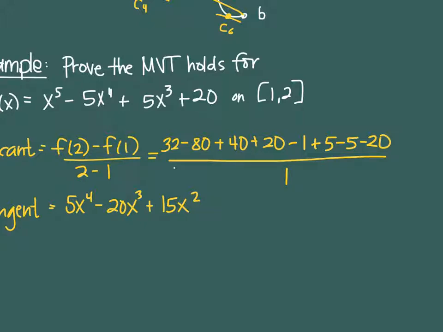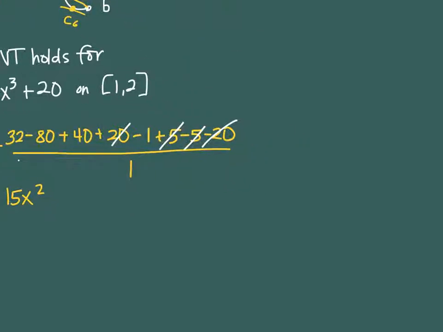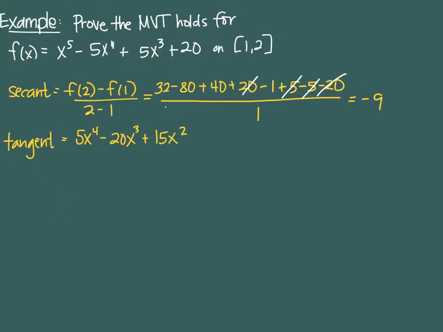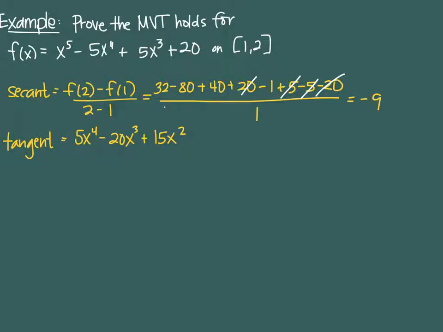So let's see the fastest way. 20s cancel out, 5s cancel out. So 32 minus 40, negative 8, minus 1, I get negative 9. I'm doing that all in my head, so I hope that's right. And so what the mean value theorem says is because the function was differentiable and because you have a closed interval, then you have to be able to solve 5x to the 4th minus 20x cubed plus 15x squared equals negative 9.